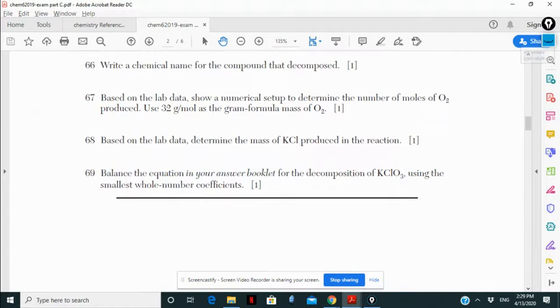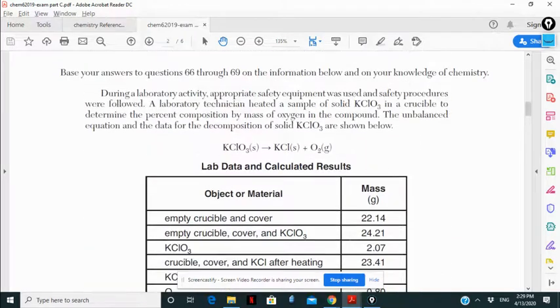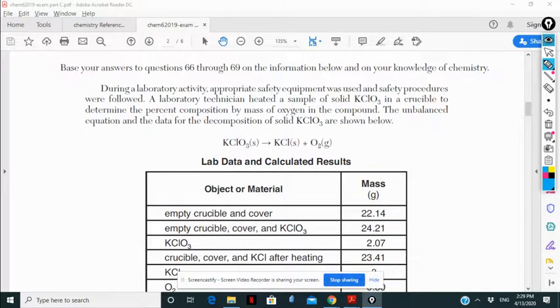Question number 69, balance the equation using the smallest whole number coefficients. Now to balance the equation, I have rules. I start with oxygen, balance the oxygen, after that the hydrogen, but only if it's on one side. Here I balance the oxygen: here is 2 and here is 3.